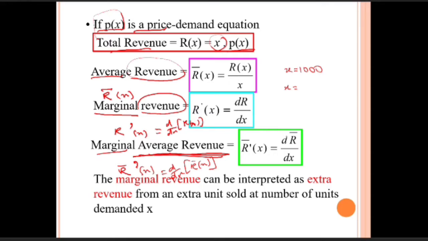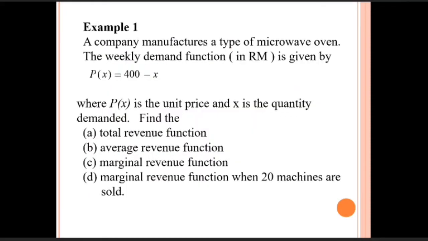So marginal revenue here means that we want to know what is the extra revenue from an extra unit sold. So if we have sold 1,001 units of handphones, what will be that extra revenue obtained? That is the marginal revenue. Try to solve example 1 after you have listened to my explanation of example 2.